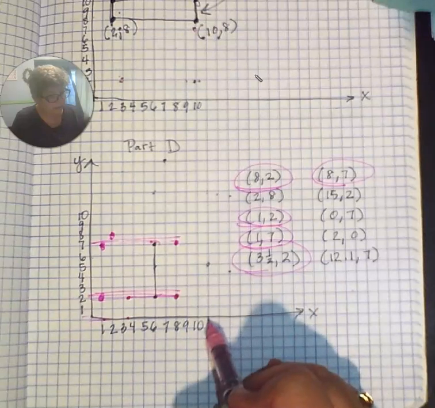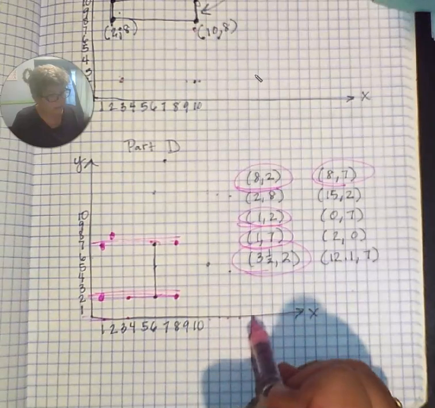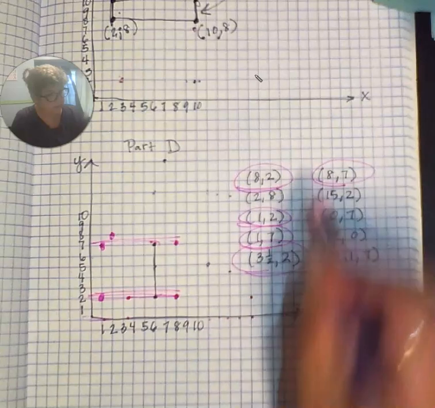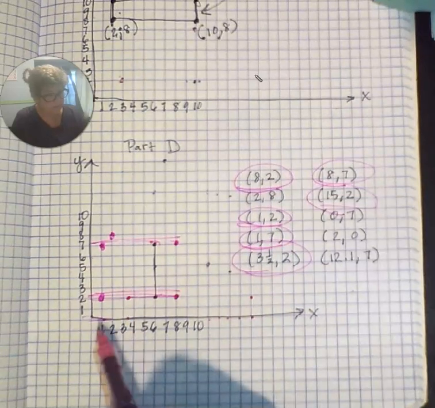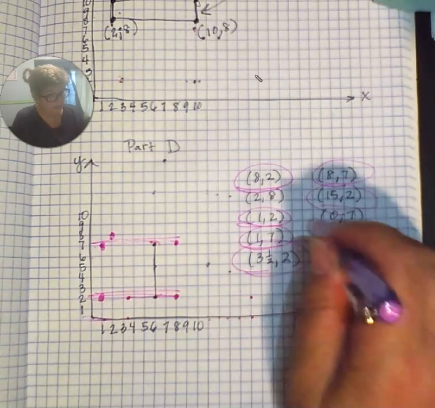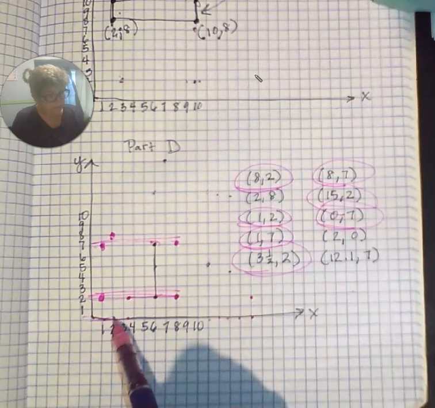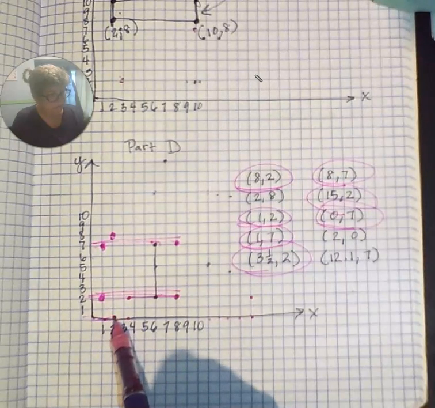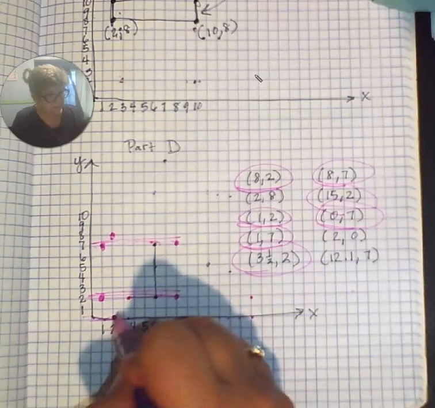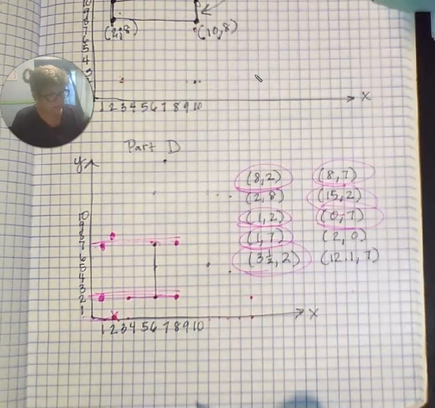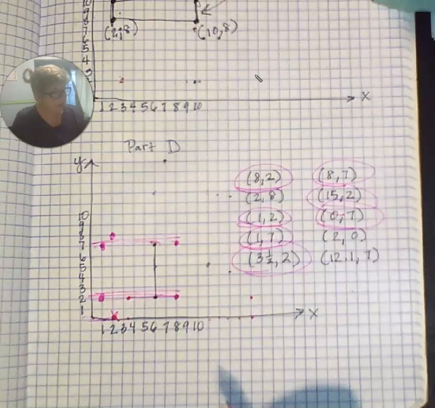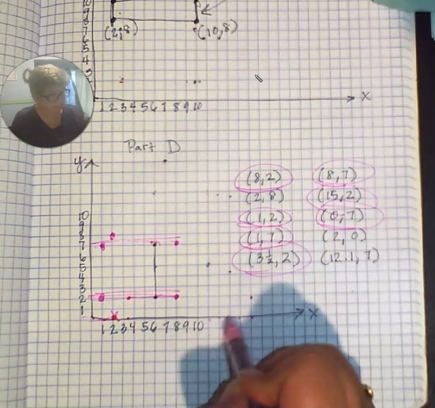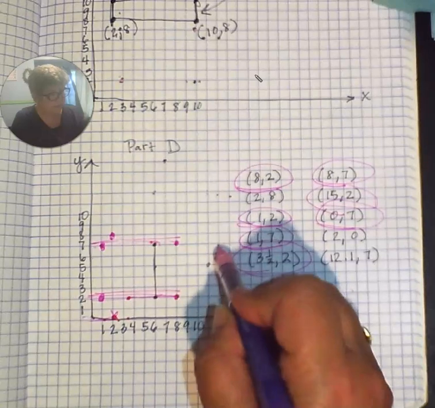It would be on the 2, so yeah, it could be. 0-7. On the 7. 2-0. Oh, down here? I don't think so. 12 and 1/10, 7. Okay.